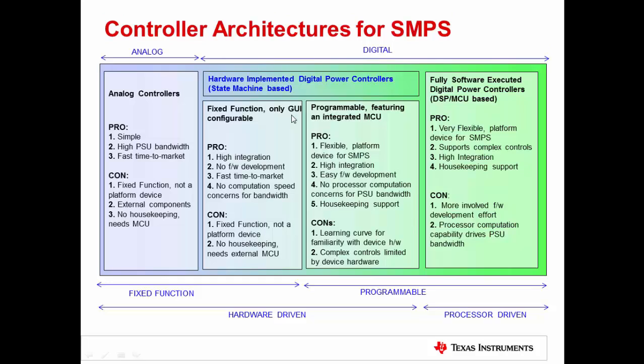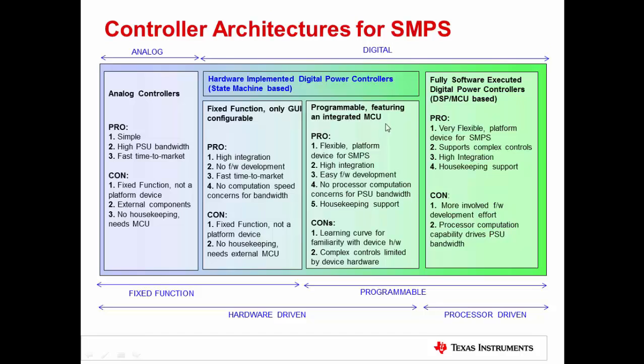The benefit of these devices is there is no firmware development involved in the power supply design. On the other hand, being fixed function, these don't lend themselves for platform implementation. And additionally, while some of these devices might have some communication features incorporated, they don't lend themselves for all the housekeeping requirements of most digital power supplies.